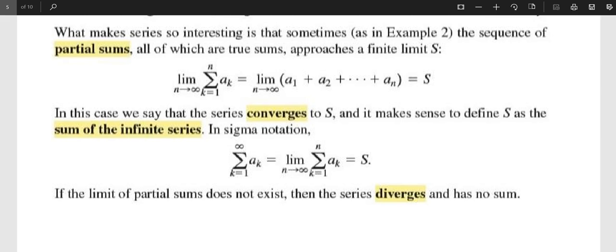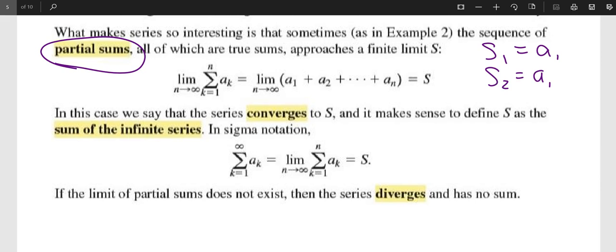What makes series so interesting is sometimes the sequence of partial sums. Now, this term needs to be described to you. What is a partial sum? A partial sum is when we add up a certain number of terms. So like the first partial sum only contains one term, but the second partial sum contains the sum of the first and the second terms.